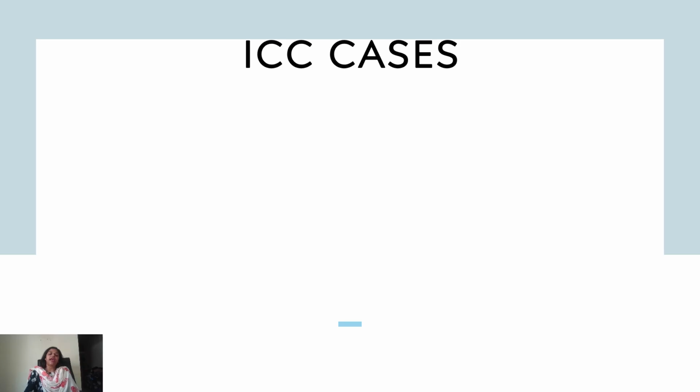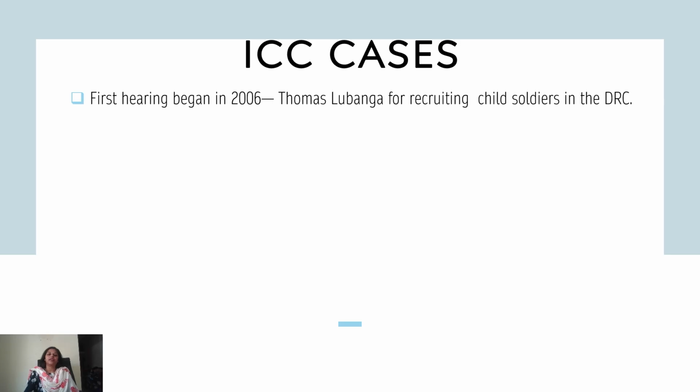Now let us look at some key cases decided by the International Criminal Court. The ICC began its first hearing in the year 2006, where Thomas Lubanga was held guilty for an international crime of recruiting child soldiers in the Democratic Republic of Congo.